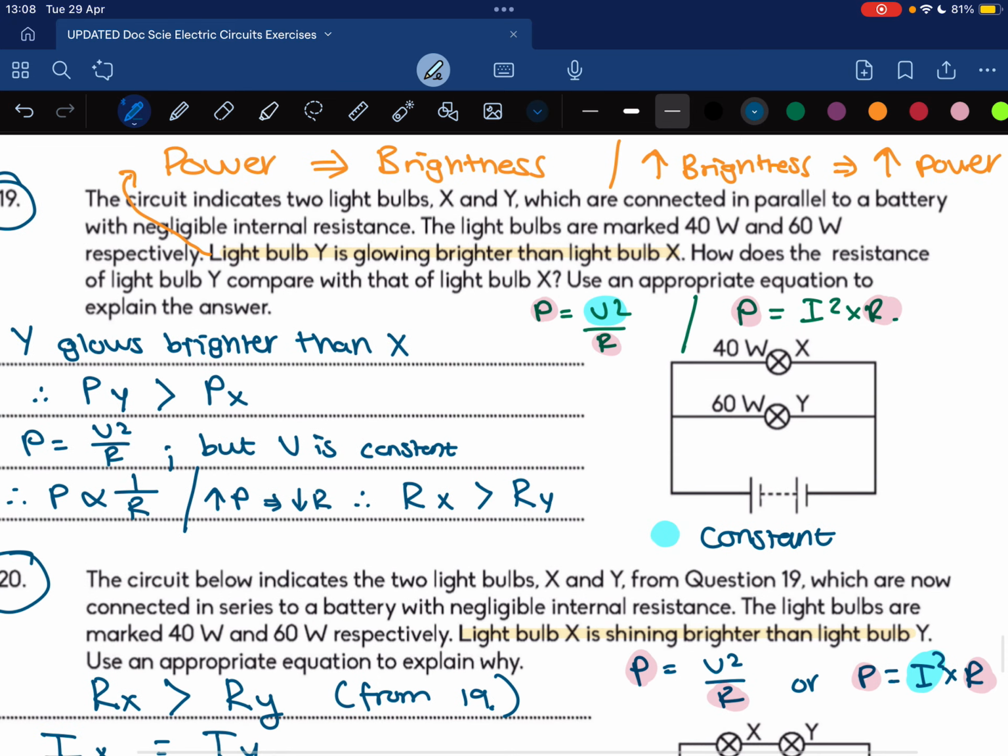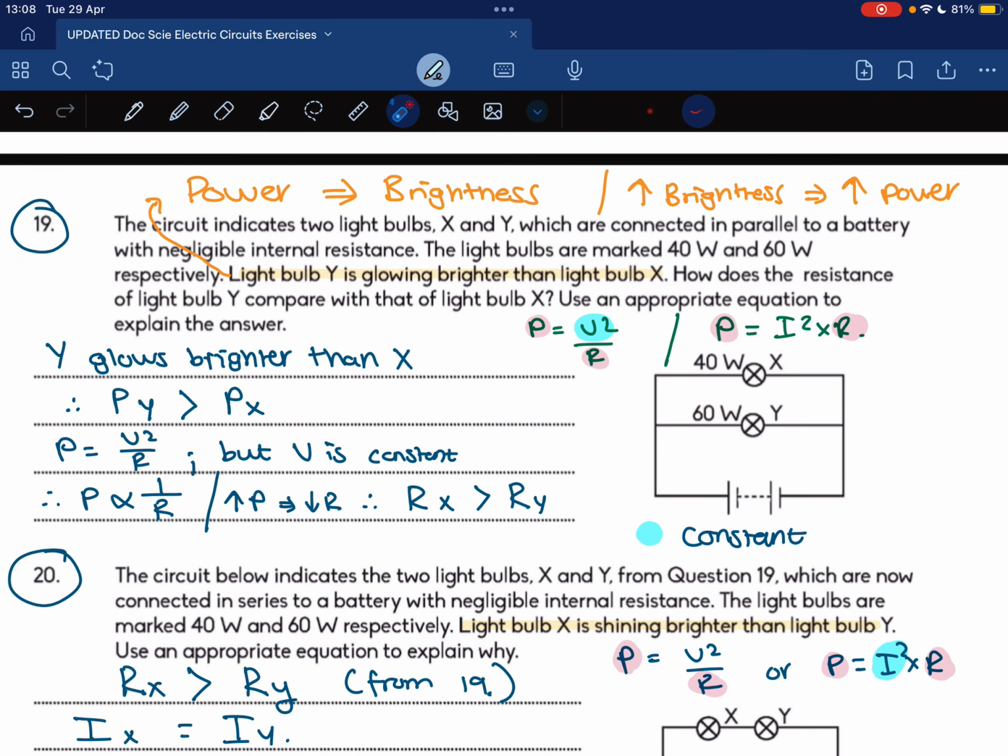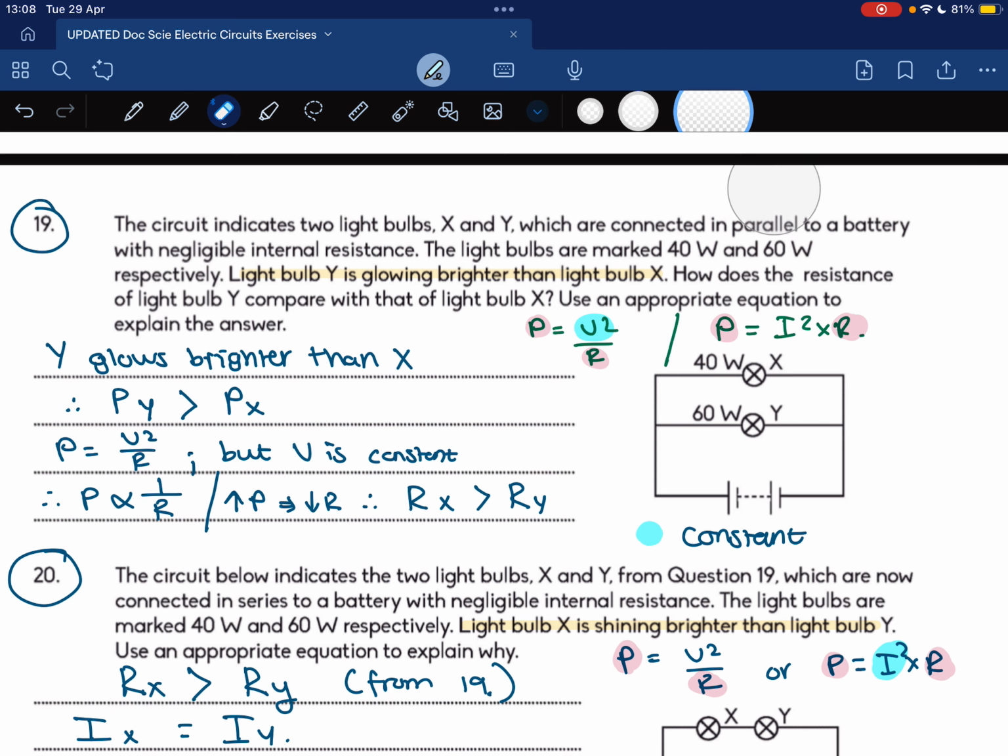So it's important to remember that although we establish that power is related to the brightness, you must note that it also depends on whether or not it is in series or parallel.